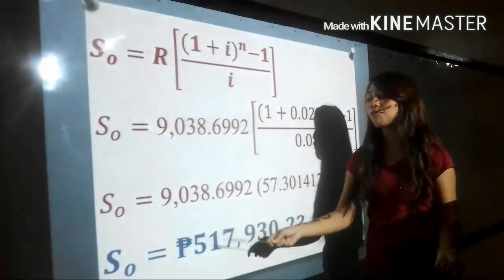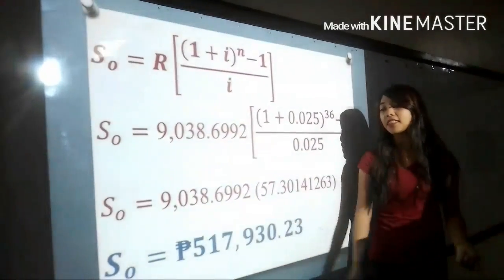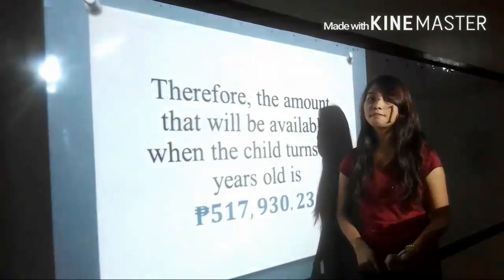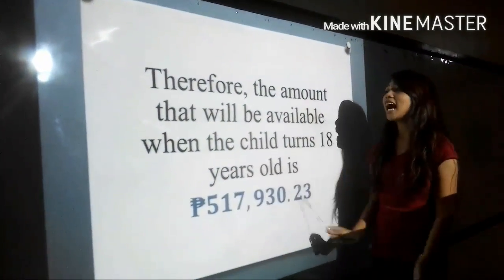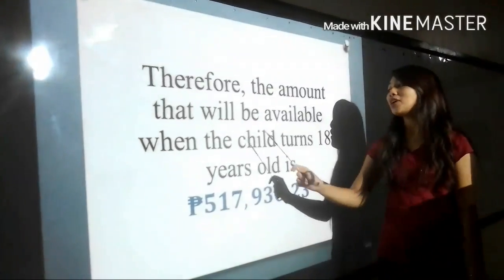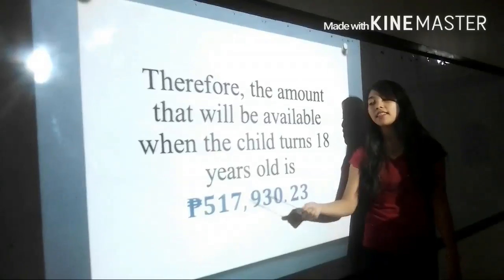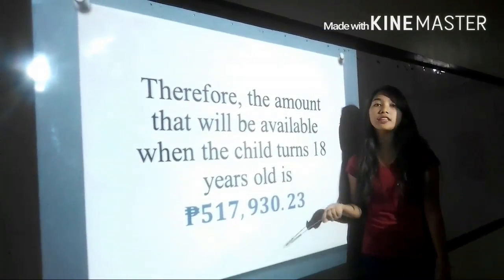S is equal to 517,930.23 pesos. Therefore, the amount that will be available when the child turns 18 years old is 517,930.23 pesos.